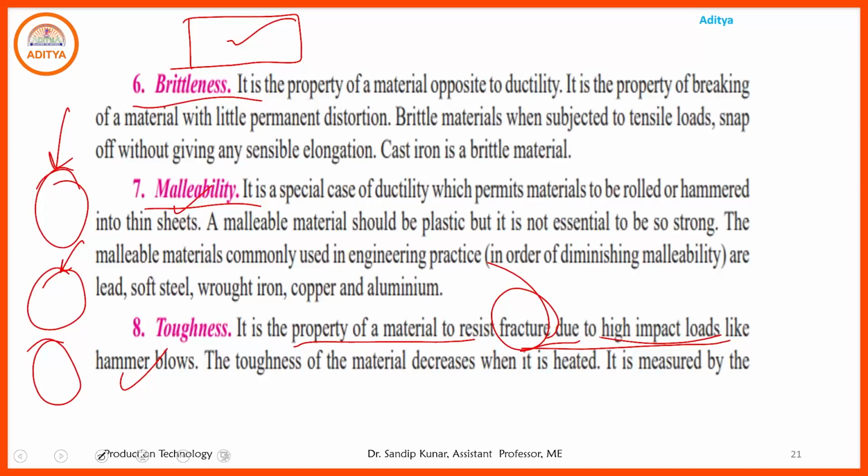When impact loads or a hammer blow act on a material, the material may be deformed or may fracture. In that case, some absorbers used in vehicles absorb impact loads like a hammer blow. The shock absorption capacity is called toughness, the property of a material to resist fracture due to high impact loads.